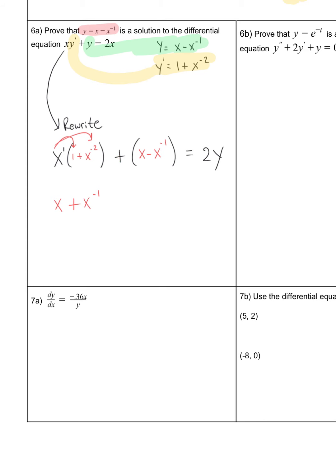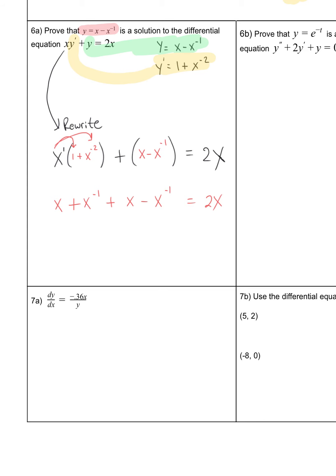Now we keep going, the plus comes down, and this whole thing just comes down. So I have x minus x to the negative 1 is equal to 2x. That's an x there. Now let's add like terms over here.